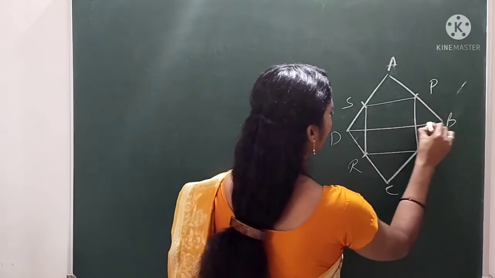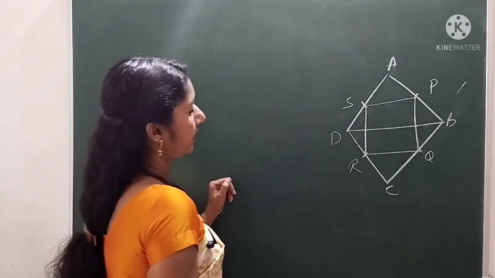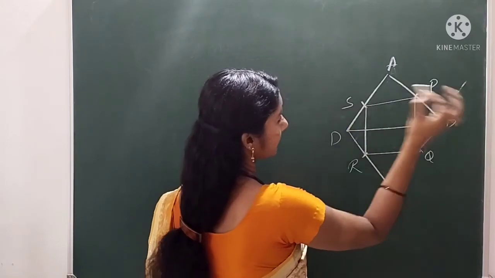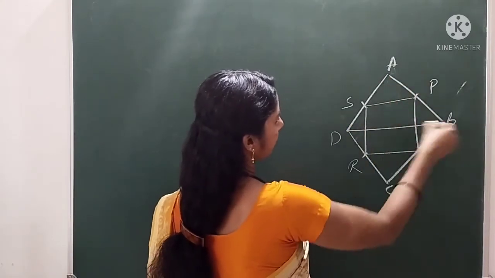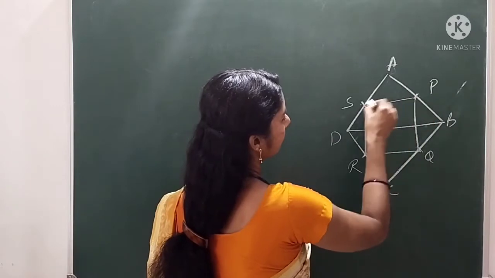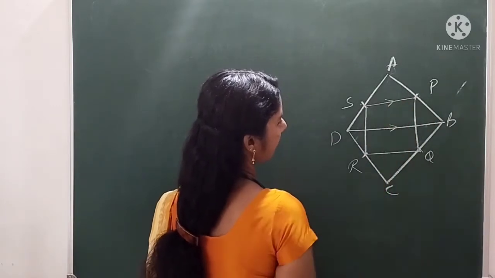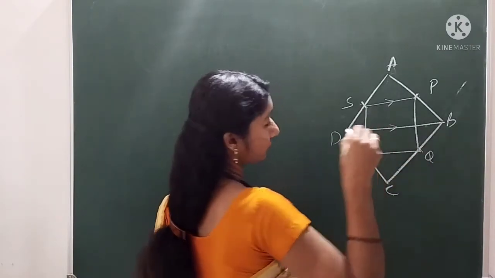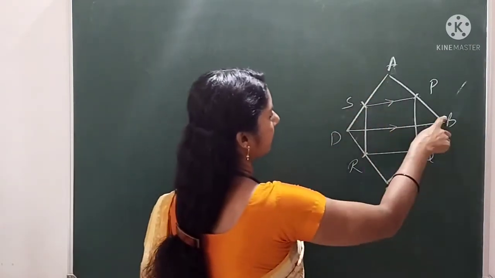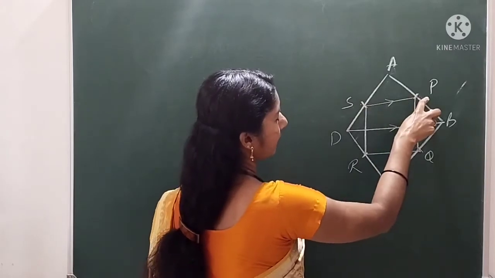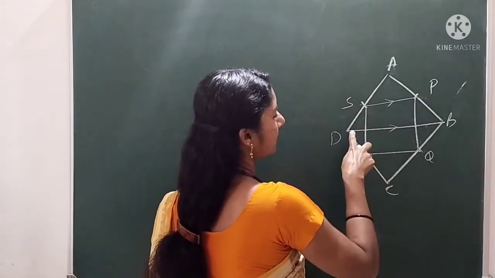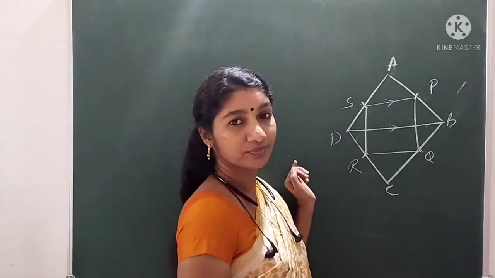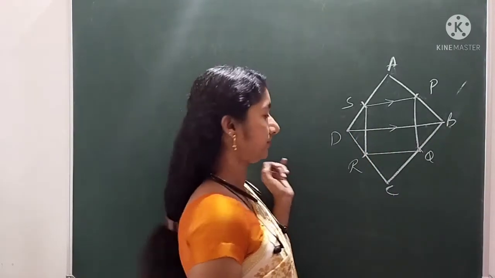For that we draw the diagonal BD. You know this is given as the midpoint, and this is given as the midpoint. Consider triangle ADB. In ADB, S and P are the midpoints, so SP is parallel to BD by the midpoint theorem.